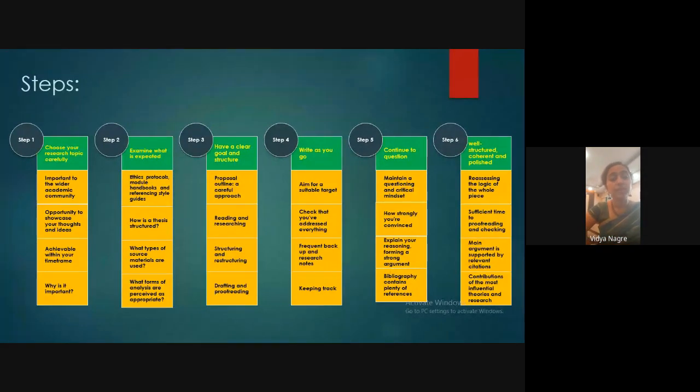Second important thing is examine what is expected. Now, when we say what is expected, it's not only your expectations. When we decide that I want to conduct a research, understand there are some ethics, there are some protocols. So, what do these ethics say, what do these protocols say? Do not plagiarize, follow guidelines. This is the referencing style.